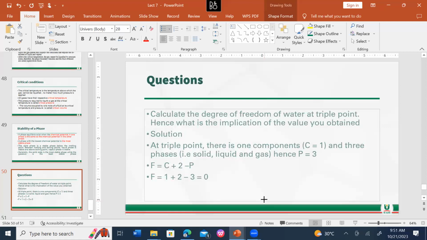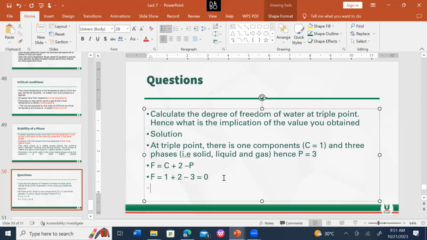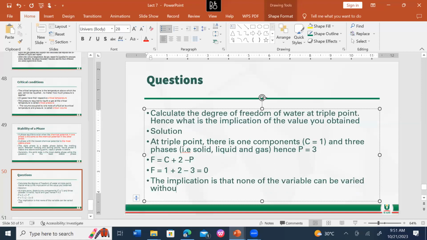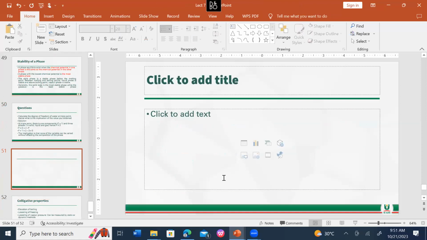The implication is that none of the variables can be varied without affecting the composition of the phase. None of them can be varied without affecting the composition of the phase.